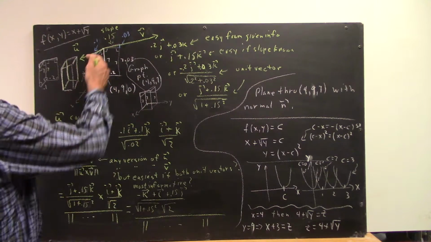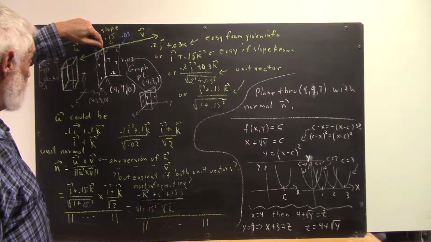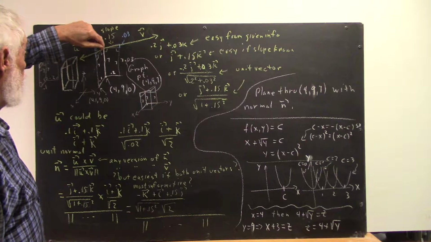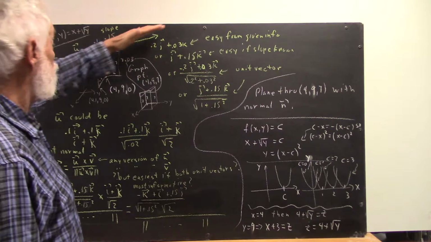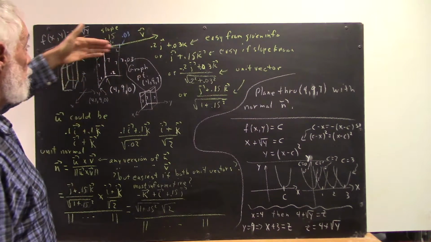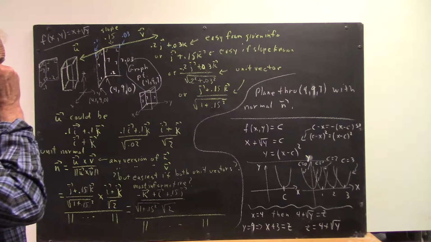We're going to call the vector that we get when y is held constant, the vector along the top of this face, u. The vector along the top of this face we're going to call v. Now we have vectors u and v.